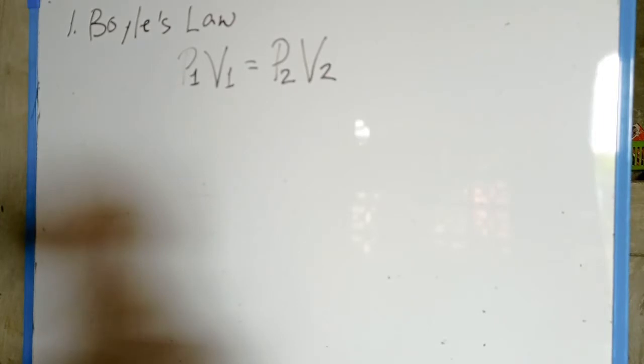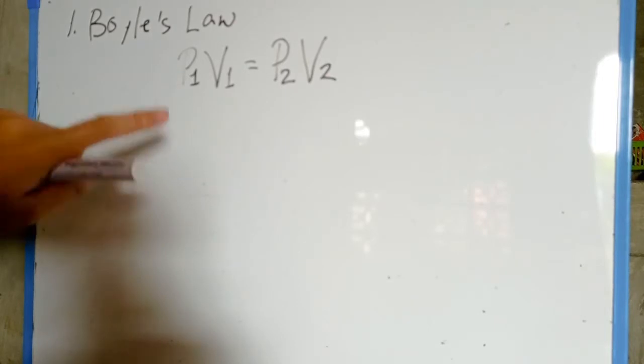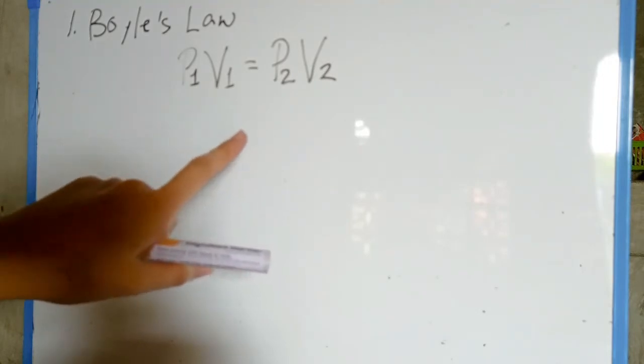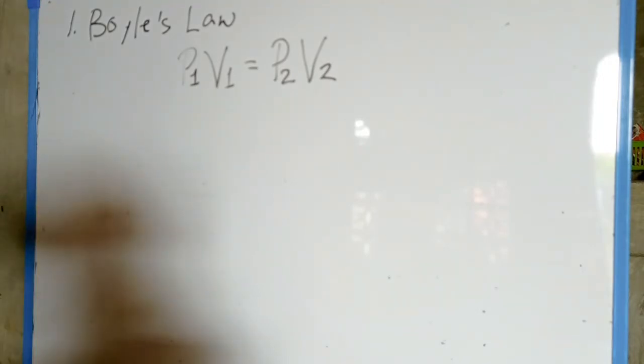Sometimes other sources use Pi multiplied by Vi equals P final multiplied by V final. It's also the same, and the way of using it is the same, even though the other sources use i and f, because 1 is for initial and 2 is for final.